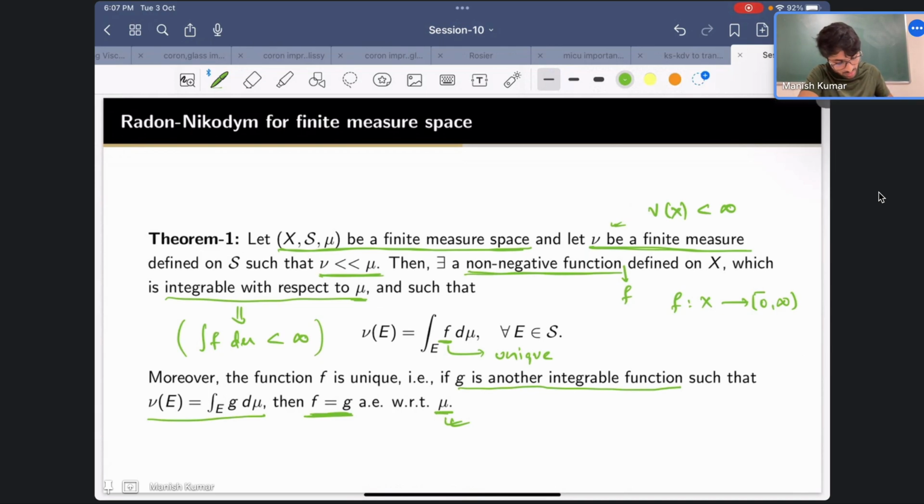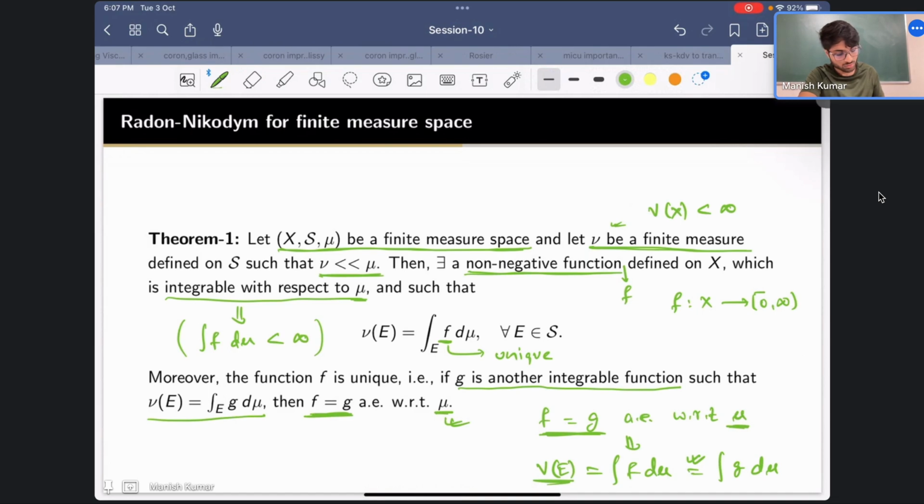If f is equal to g almost everywhere with respect to mu, then nu of E is equal to the integral of f d mu, which is equal to the integral of g d mu, because f and g are almost everywhere equal with respect to mu, so this integral will be the same. So this quantity nu of E makes sense.